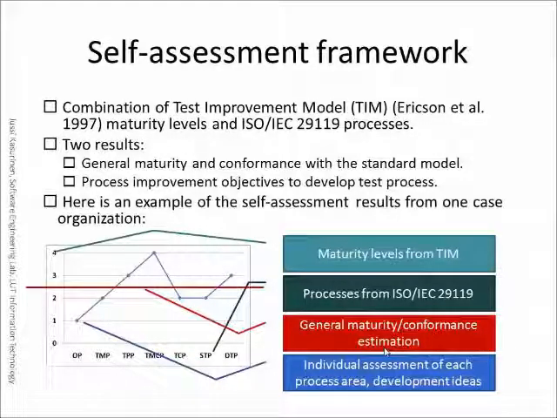So okay, we get the profile, and based on that we get a few things. First of all, we know the general maturity conformance level of the organization with the standard, and we also see the worst performing areas.